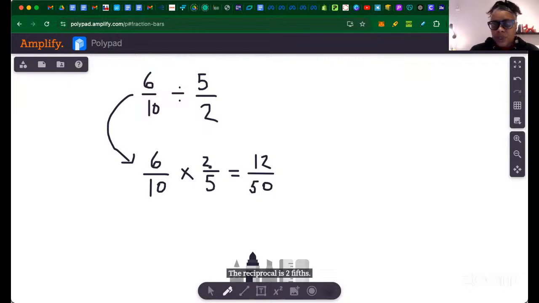And you've been doing really well with multiplying. So you multiplied across and you got 12 for the numerator, 10 times 5, 50 for the denominator. Excellent work.